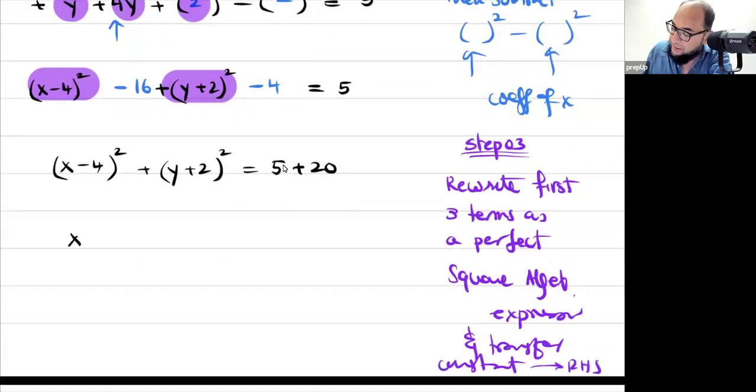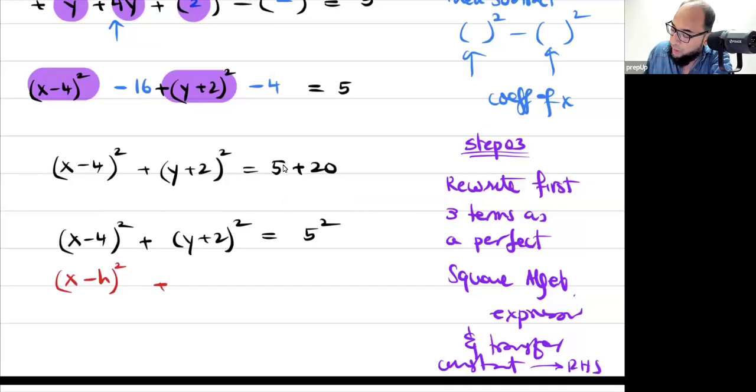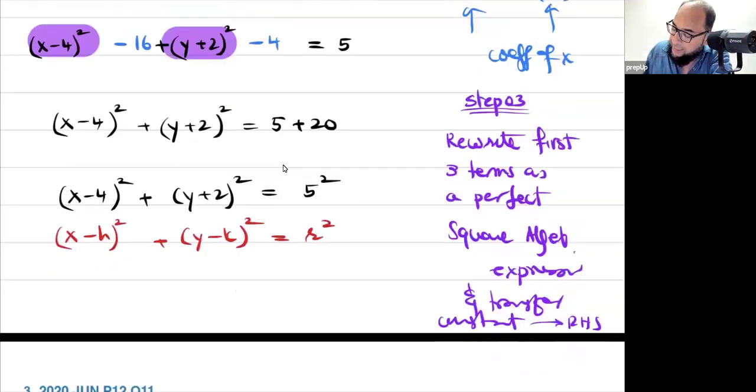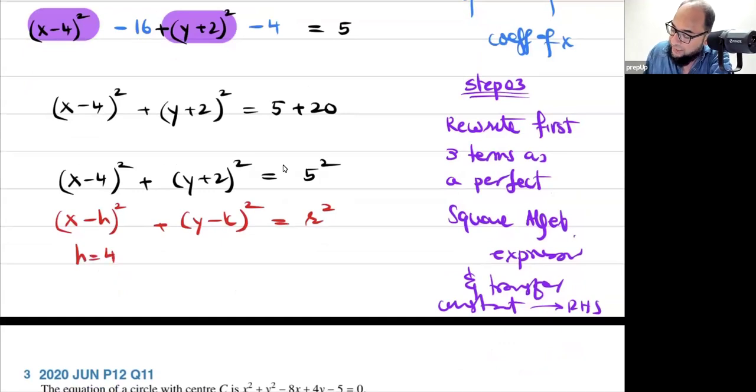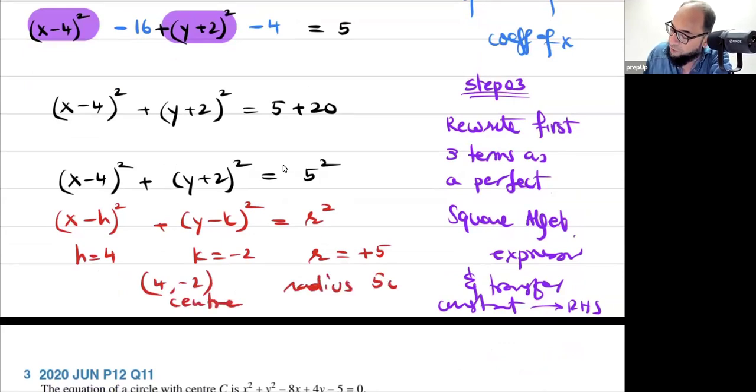So therefore (x − 4)² + (y + 2)² = 5². Compare it with (x − h)² + (y − k)² = r². h is 4, k is −2, r is positive 5. So therefore (4, −2) is the center, and the radius is 5 units.